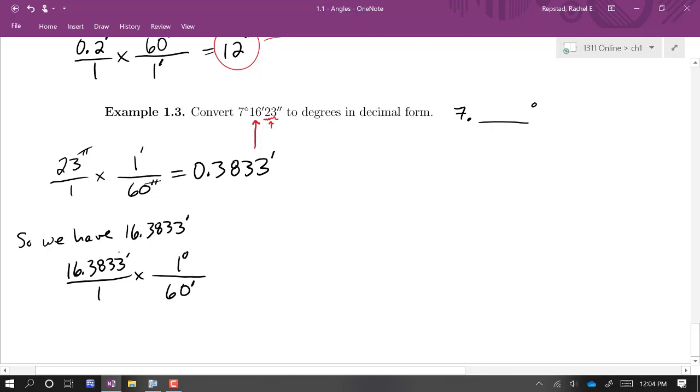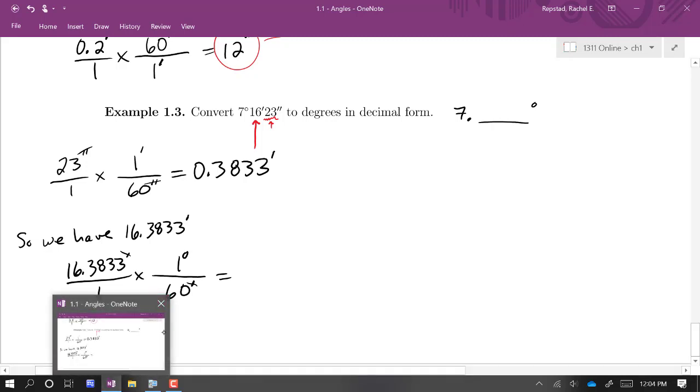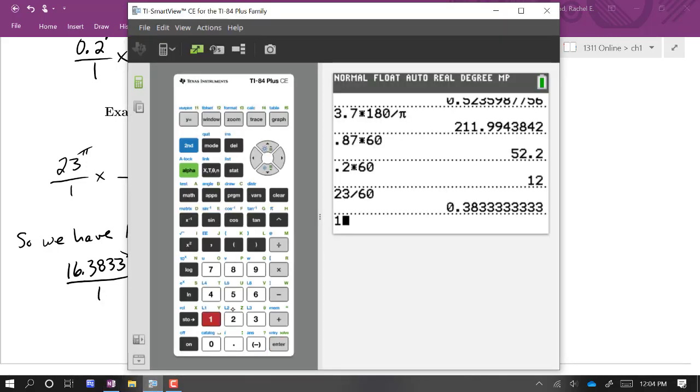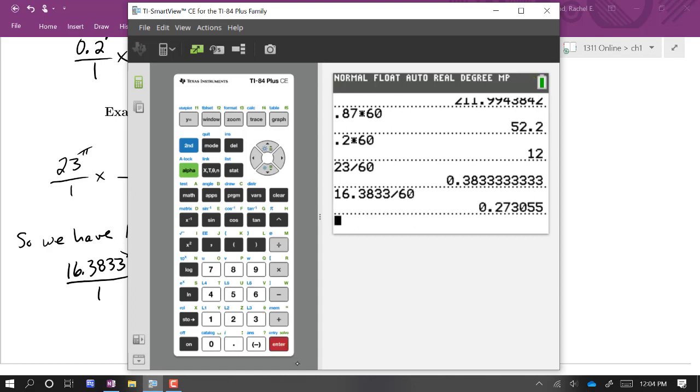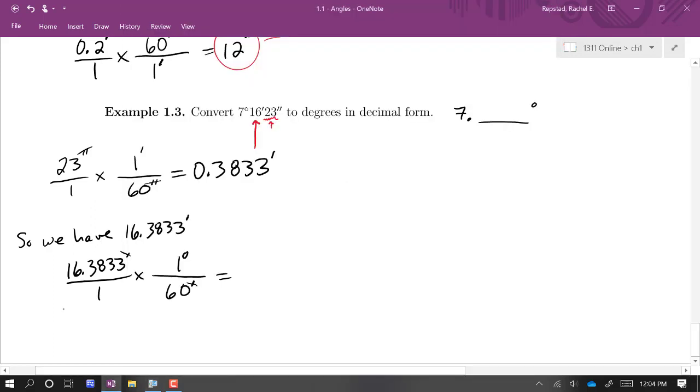The minutes have to go on the bottom. So 16.3833 divided by 60 is 0.273055. So that's the decimal part of the degree.